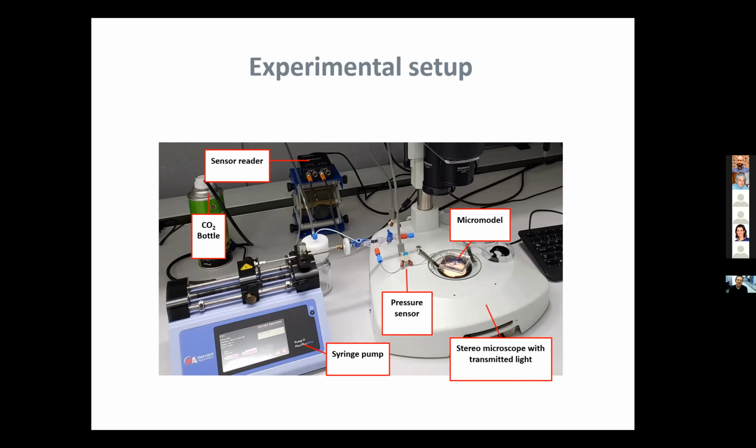So this setup can be found in most microfluidic labs. It's in fact a simple setup.